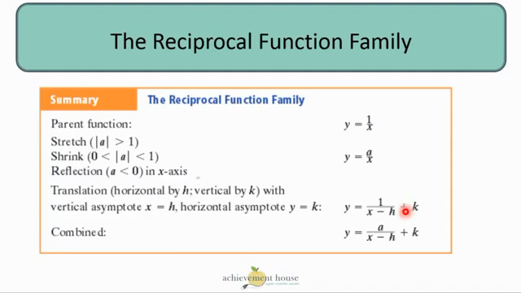So instead of a y-intercept, we're going to have a horizontal asymptote because the function can never equal that value of y. There will be a vertical asymptote where x equals h because that denominator can never be 0.